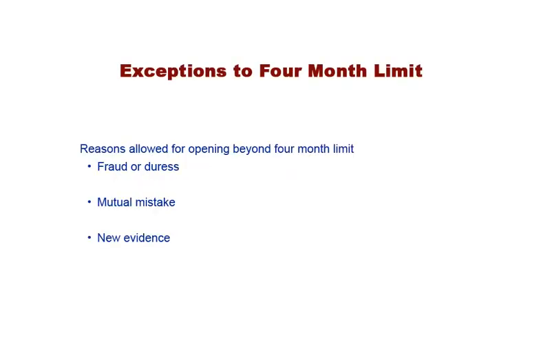Exceptions to the 4-month limit. Over the years, Connecticut case law has identified a few reasons for allowing a party to file a motion to open beyond the 4-month limit.